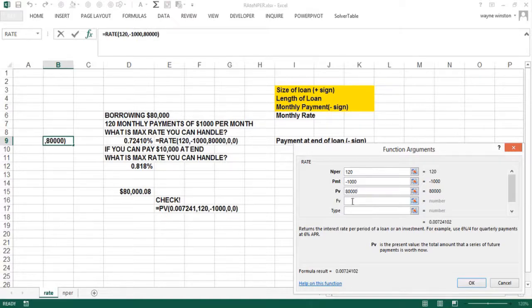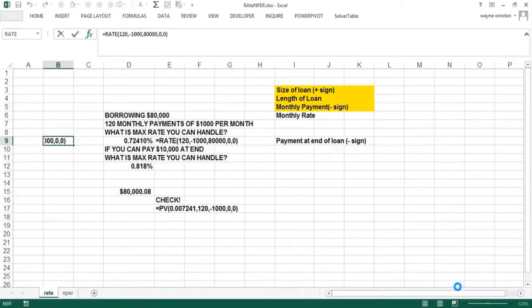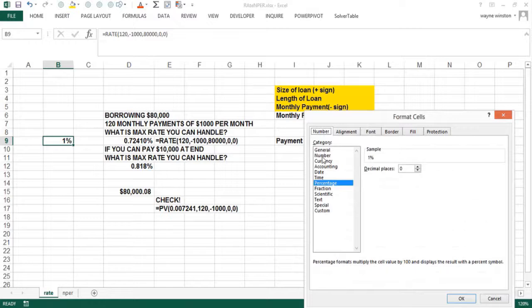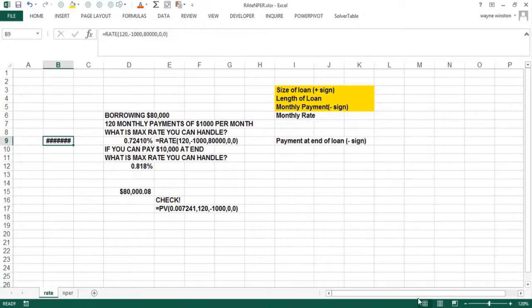Future value, there's nothing going on at the end of the loan. And let's assume it's end of the month payments. And so your rate per month is, okay, we need to see a few more decimal points there. Your rate per month is 0.724%.